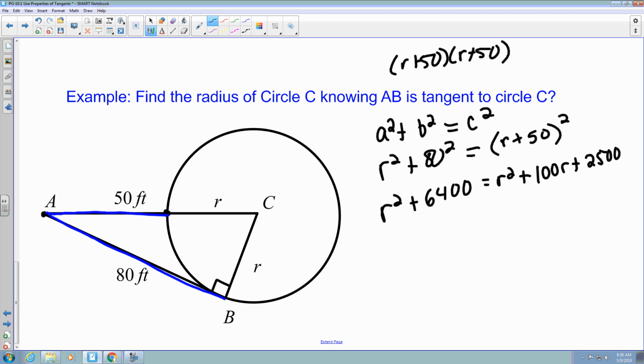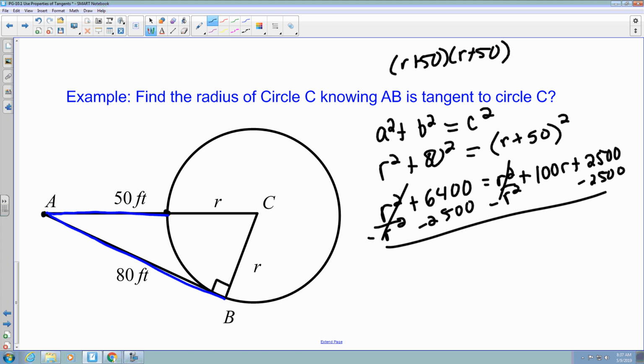So what we got, we have two R squareds on each side. Those will cancel each other out. And what I'm also going to do is subtract 2,500. So this gets canceled.